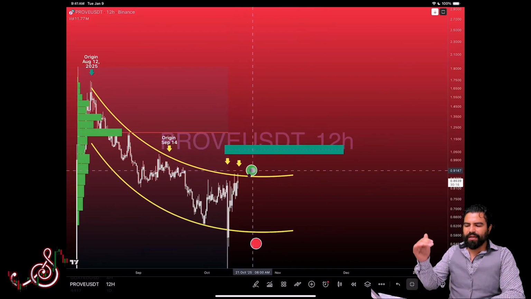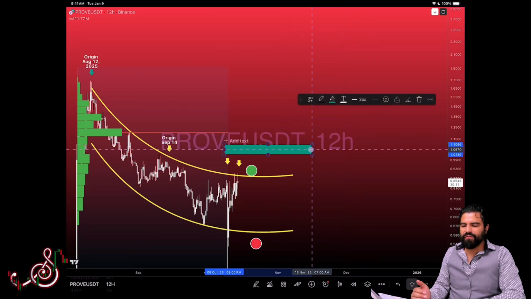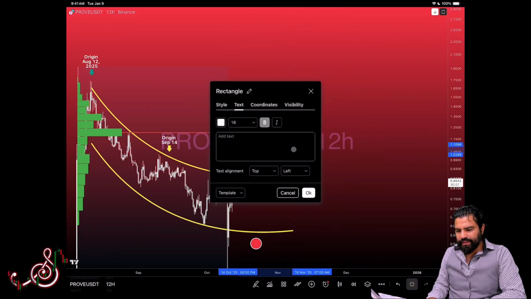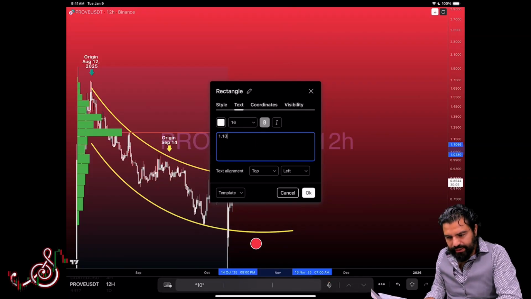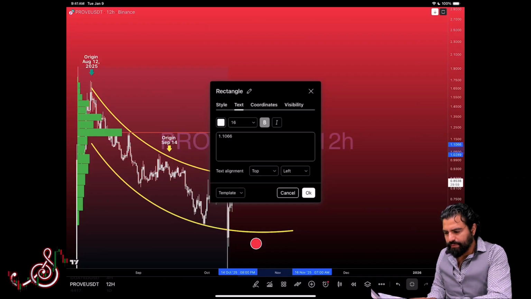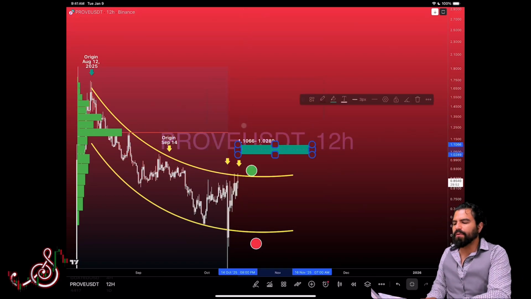But if we get into health, we're going to be able to get a little short distance before we hit the target. So let's now give this a label: $1.10, 66 to $1.02, 89. Okay, so that's about where that hits.